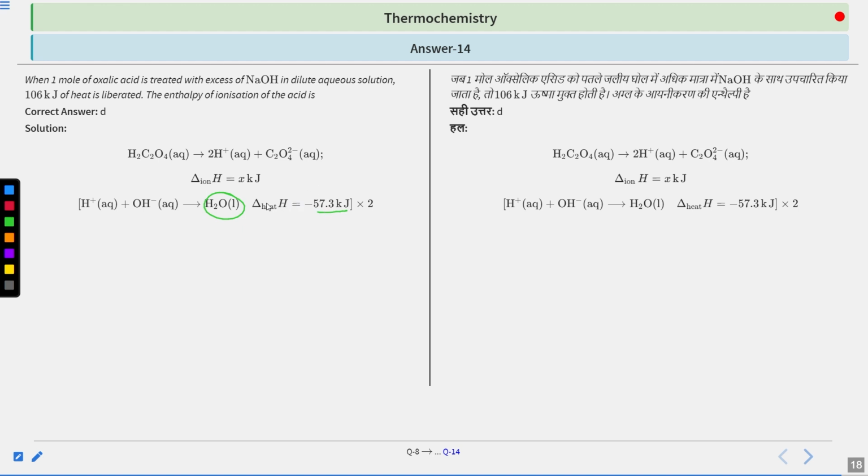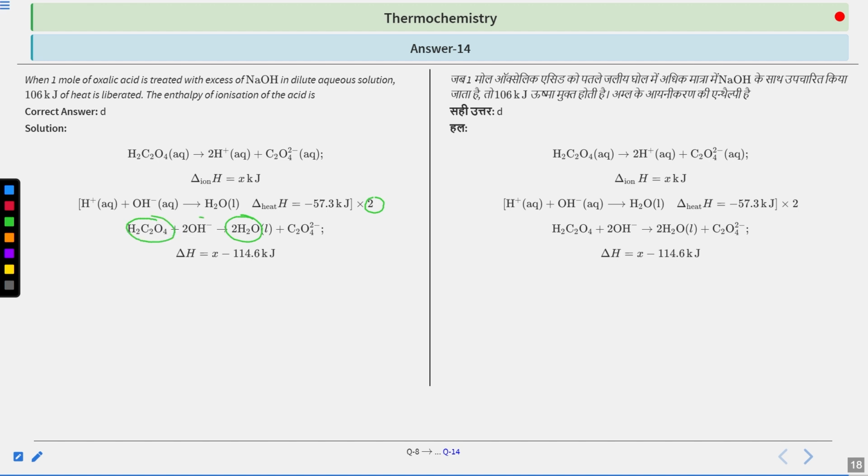This is the amount of heat released upon formation of 1 mole of water from its constituent ions. I am multiplying this by 2 because we are getting 2 moles of H2O, as we have 2 ionizable H's present in oxalic acid.